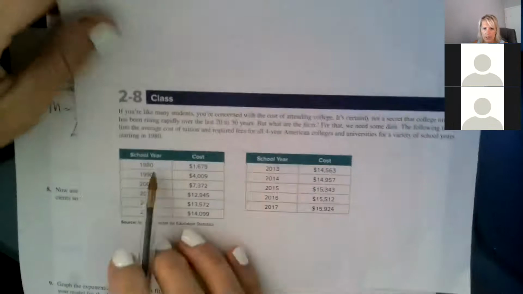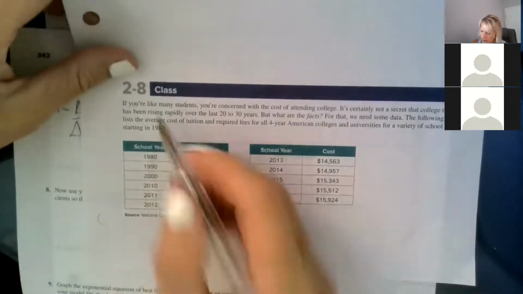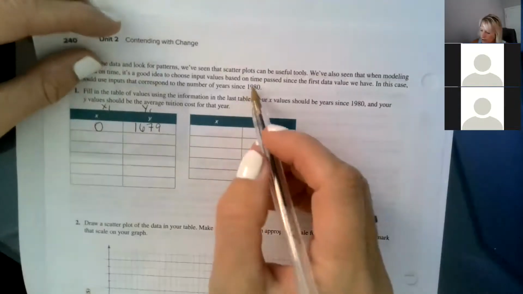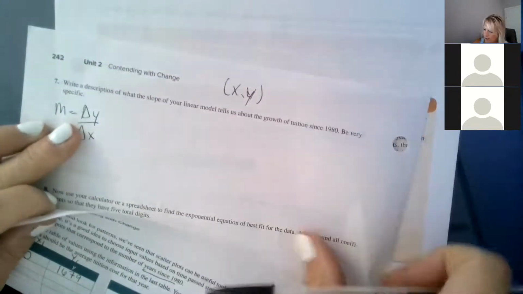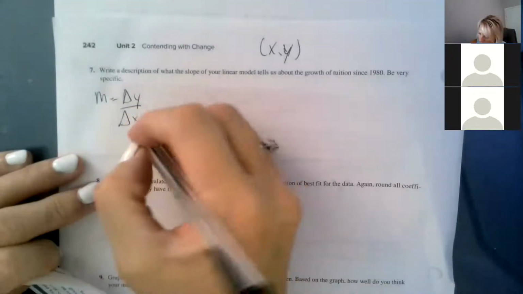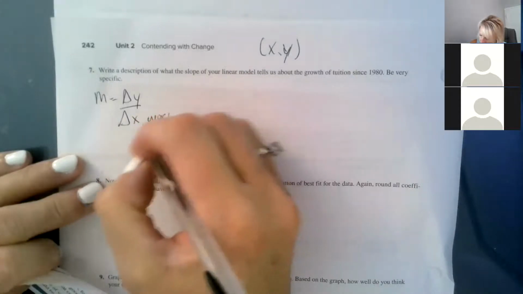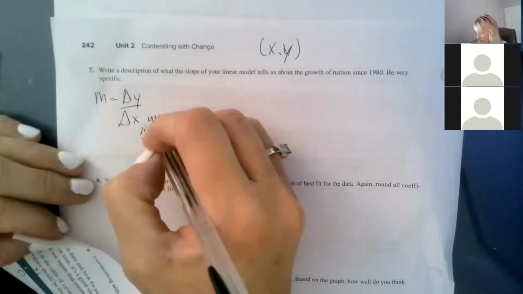So you're gonna go back here. So X is your school years, right? And up here, we said X is your years since 1980. So right here is gonna be years since 1980.